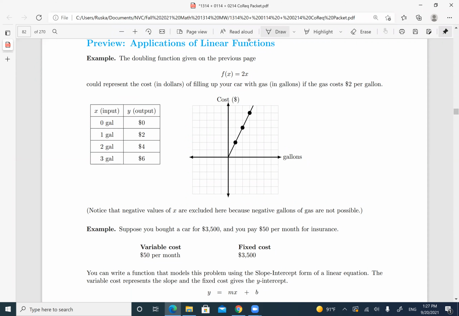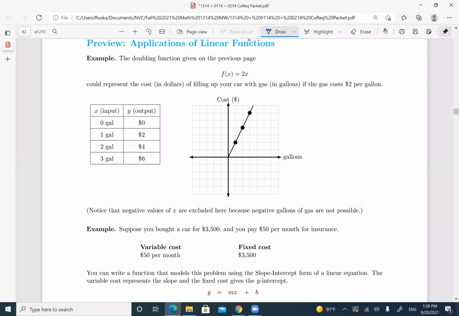In general, y equals 2x can have any value, but here f of x equals 2x represents cost and gas, so dollars and gallons.